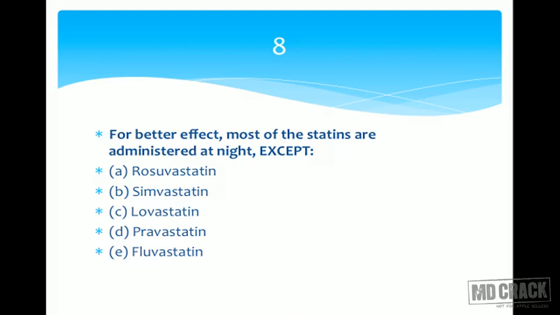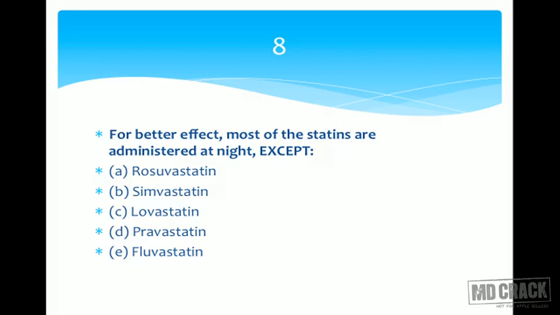So I'm putting it as atorvastatin is oldest, the first one, the beginner in this group. Rosuvastatin is the last one. And surprisingly, both of them have got long half-life. And only the middle ones who came in between, they have got a short half-life. So the answer for this question can be either atorvastatin or rosuvastatin, because these are long-acting agents.